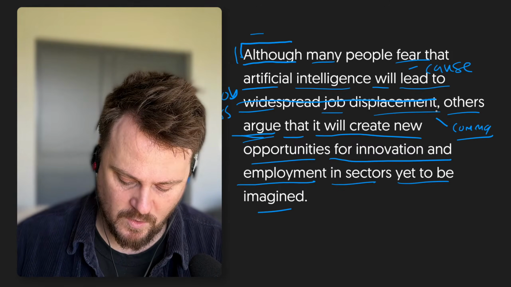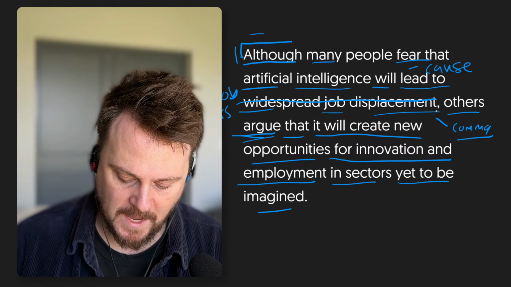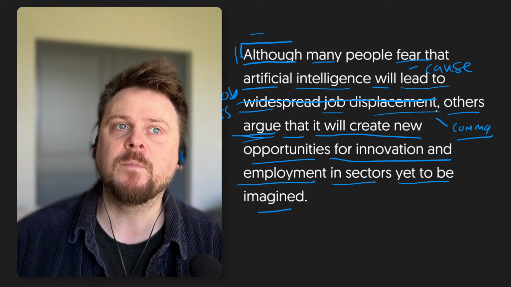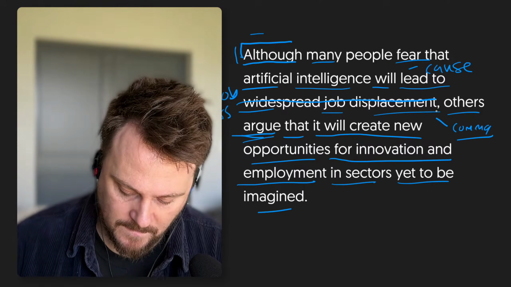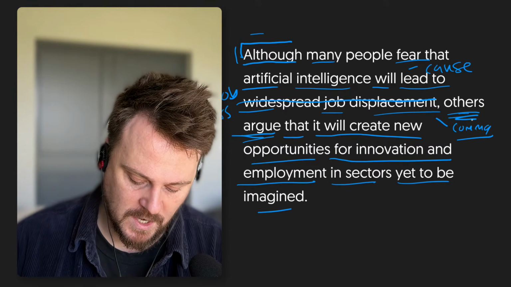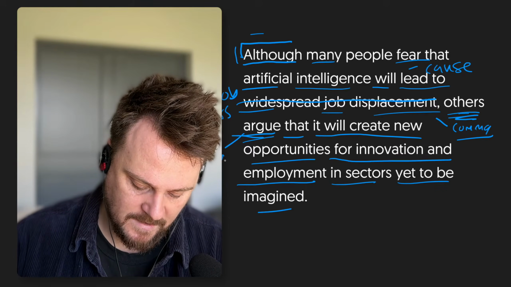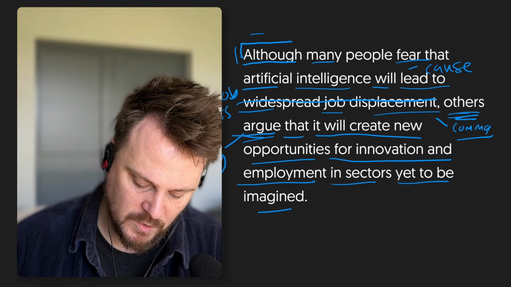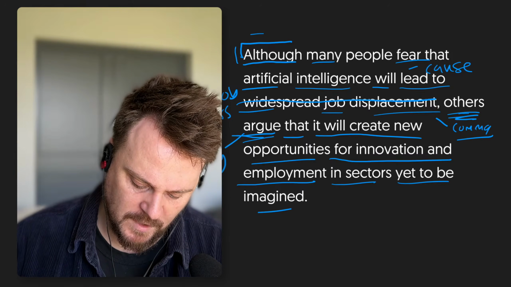It starts with although, and it goes before the comma, and it's kind of a comment that's going to be against the next thing I say. Others, now we have a new thought here, like a new sentence almost. Others argue that it will create new opportunities for innovation.